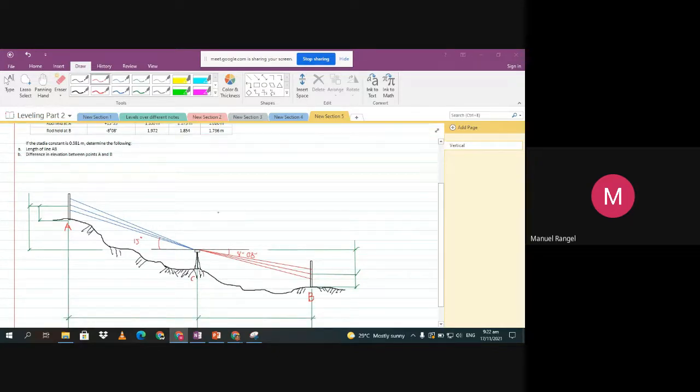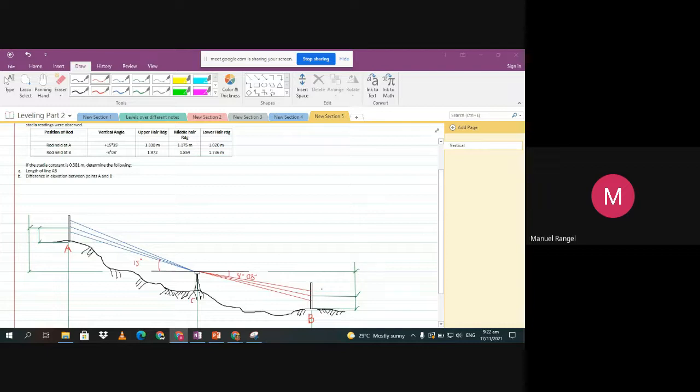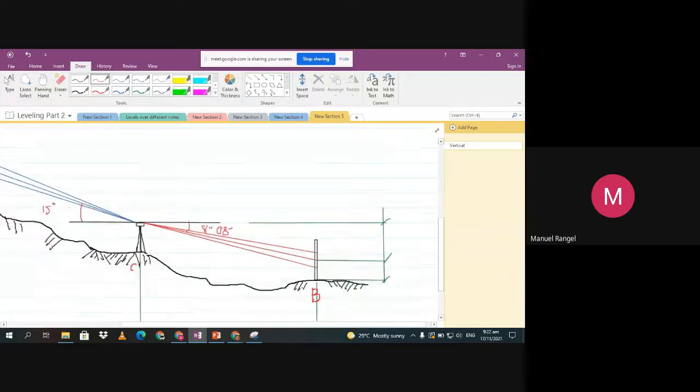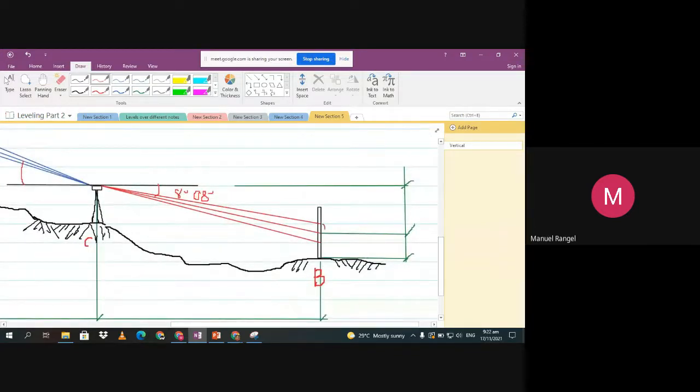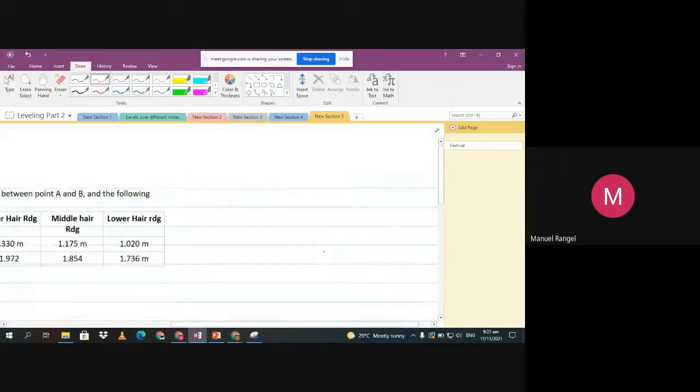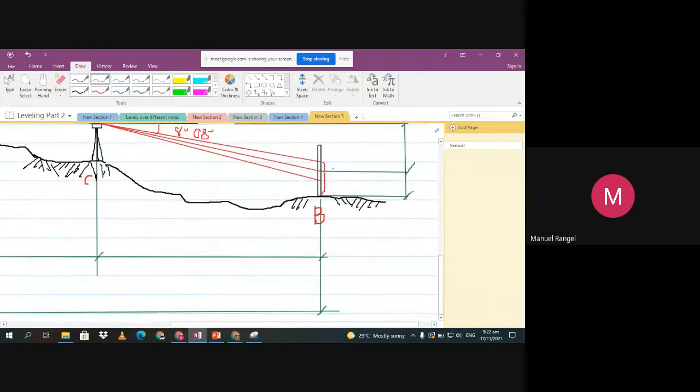So, 1.972 upper hair reading. Then we have the middle reading of 1.854, and the lower reading of 1.736.